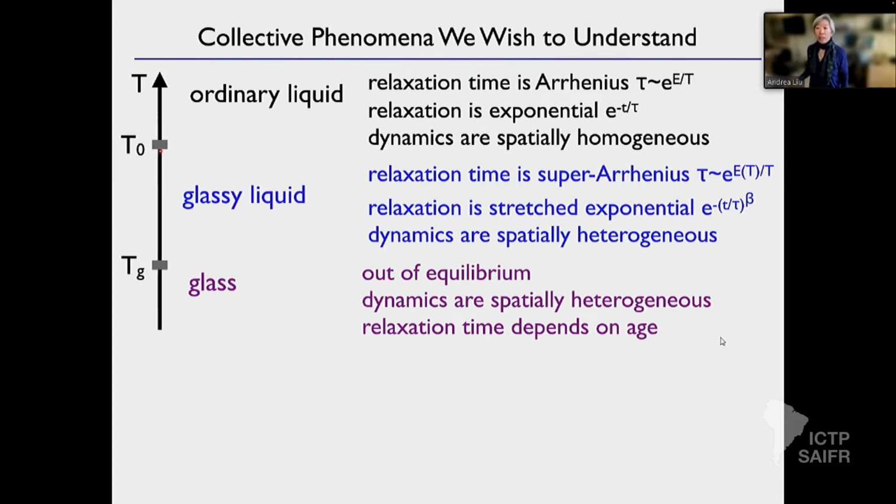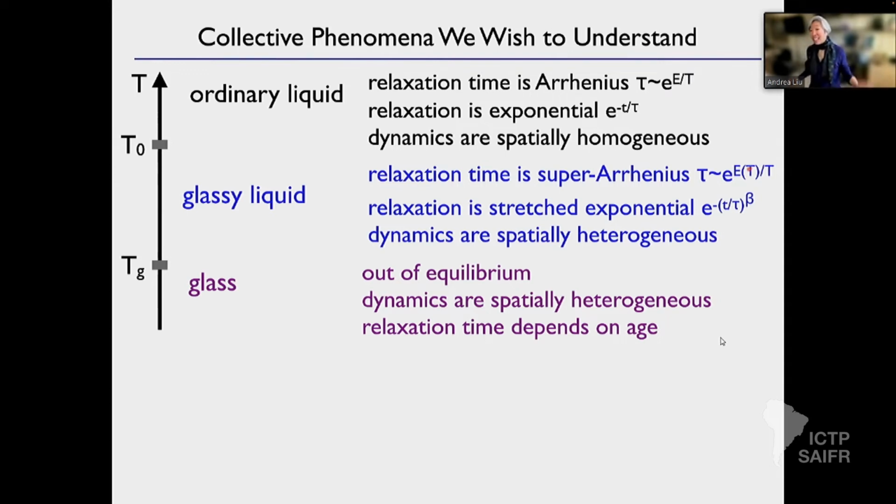Once you go below this onset temperature, there's a huge change. First of all, the relaxation time becomes usually super Arrhenius. In other words, it goes like e to some energy barrier over temperature, but that energy barrier, if you insist on interpreting it as an energy barrier, depends on temperature.